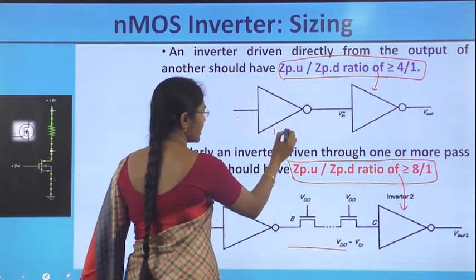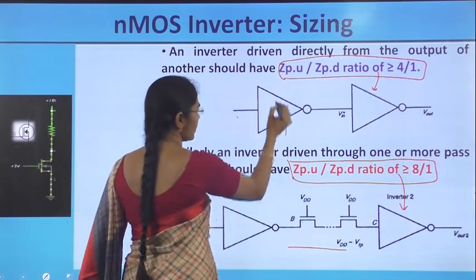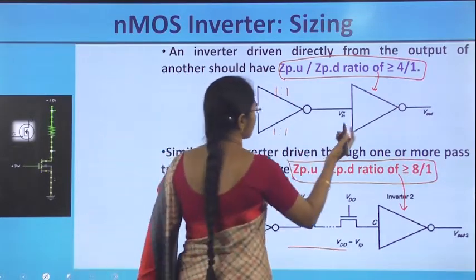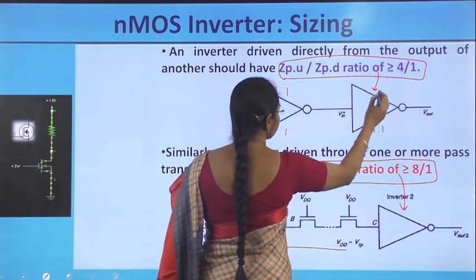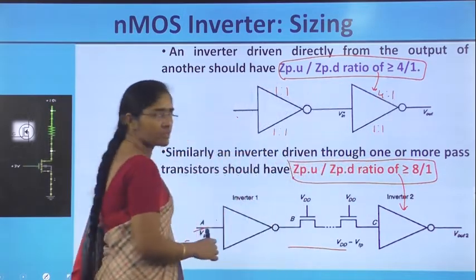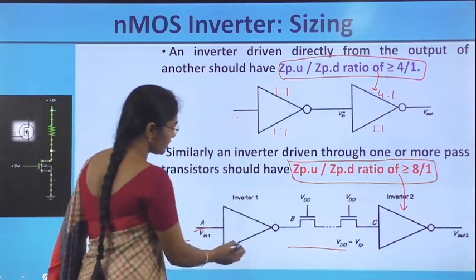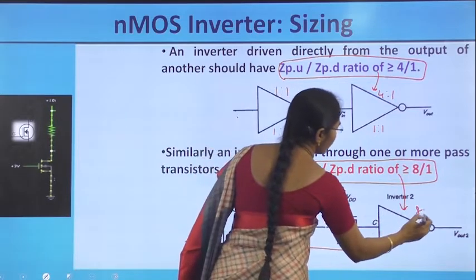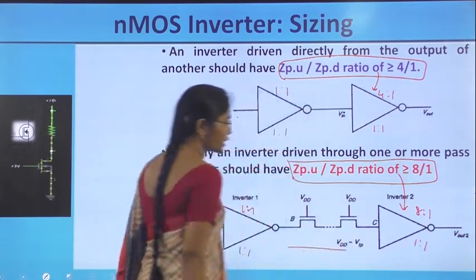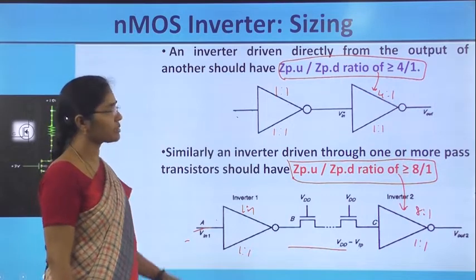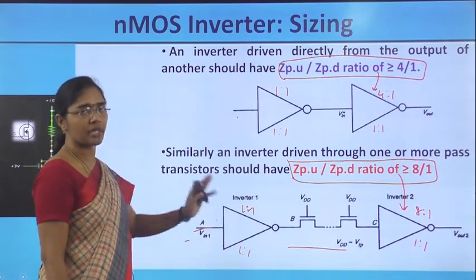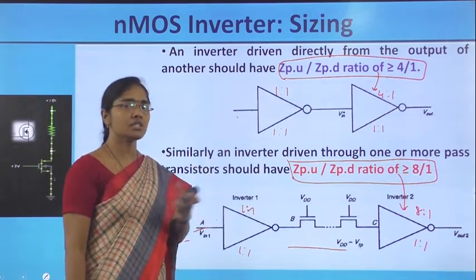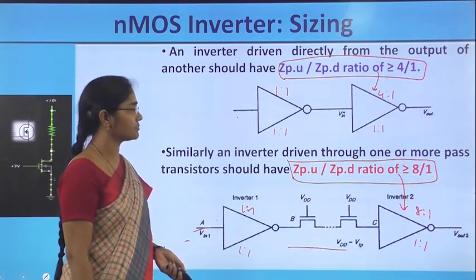Let us take the pull down size as 1:1 and the pull up as 4:1. In the second case we have to take 8:1 and 1:1. So the load device should be of that much size. Therefore it will pass all the signals as they are, without any delay and without any change in the characteristics.